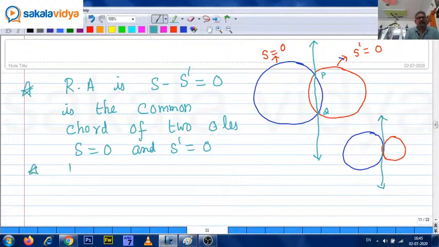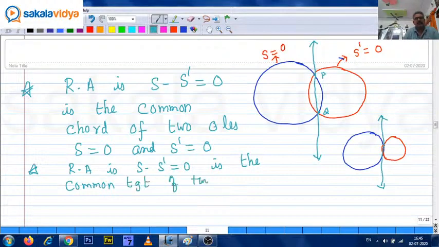In this case, the radical axis, S minus S dash equals 0, is the common tangent of two circles S equals 0 and S dash equals 0. Even if the two circles touch internally, also like this.